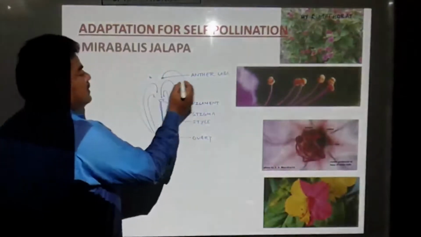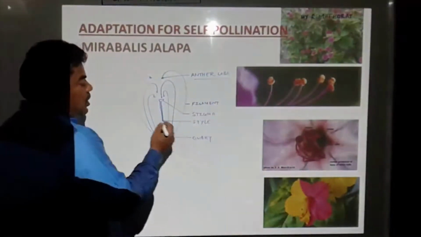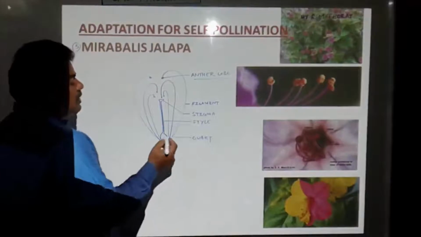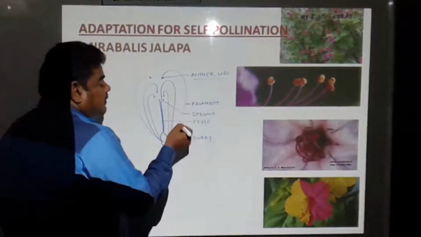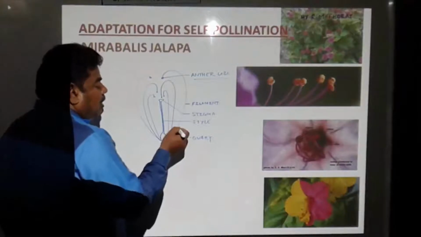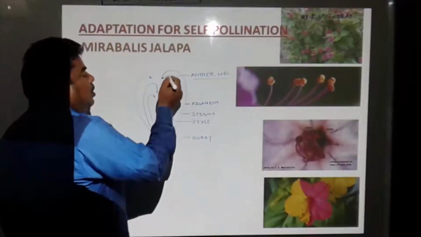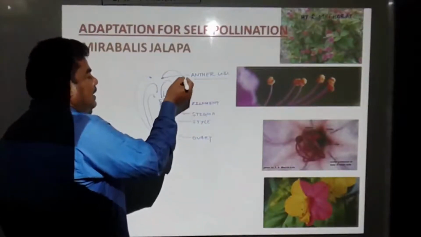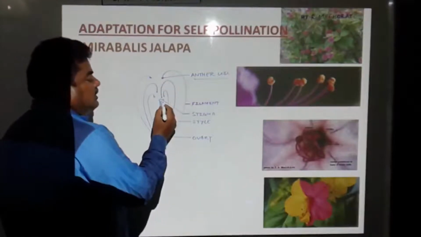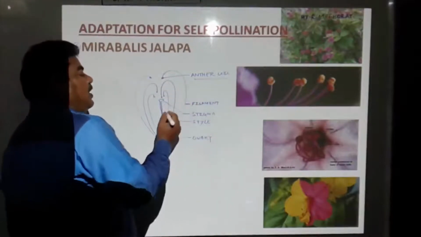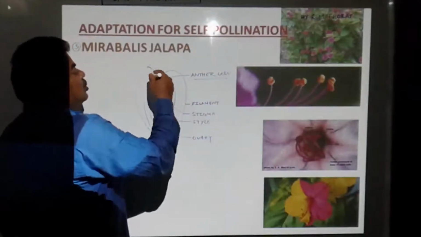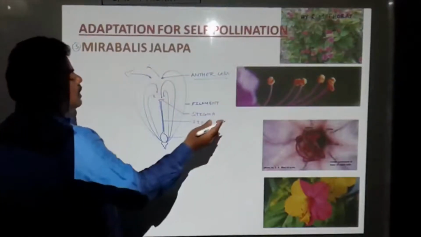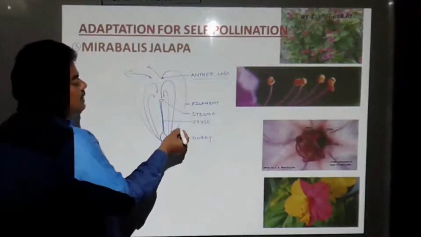Stamens, they come out of the flower like this. And when these anther lobes get mature, and the male and female reproductive organs get mature, the male reproductive organ along with the anther lobe bends onto the receptive stigma of the same flower to gain self pollination, to avoid cross pollination.